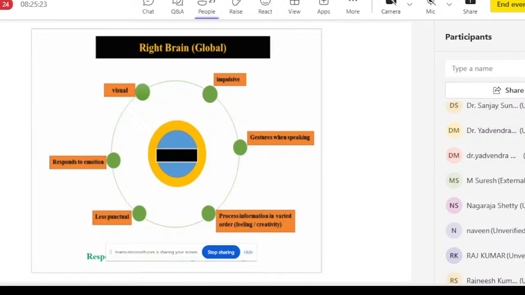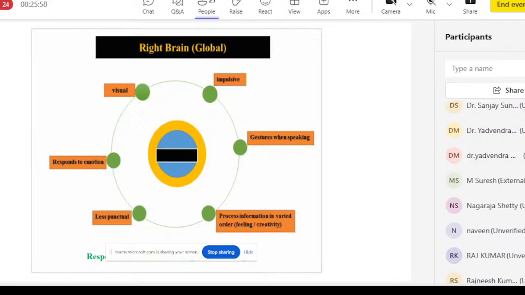But the thing it does is very important: it does not process information sequentially. No order is there. It is a feeling, and creativity is dictated by the right brain. If you find a creative person, they do not think in an incremental manner. All of a sudden they think something new. This is a function of the right brain.